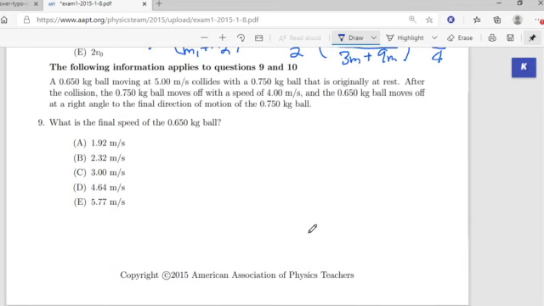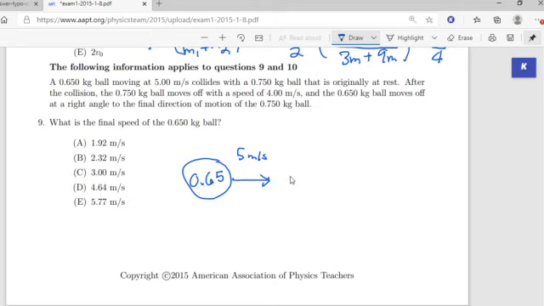A 0.65 kilogram ball moving at 5 meters per second collides with a 0.7 and so on. Okay, so 0.65, 5 meters per second. Interesting.